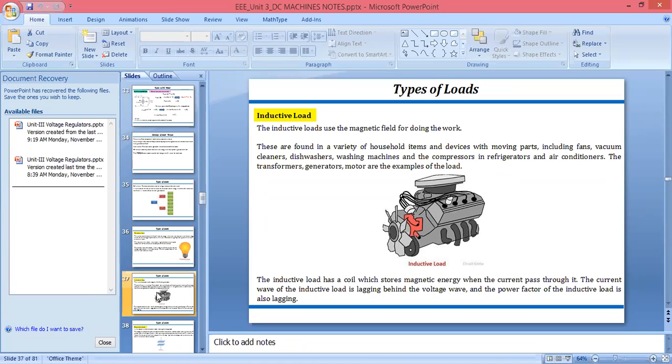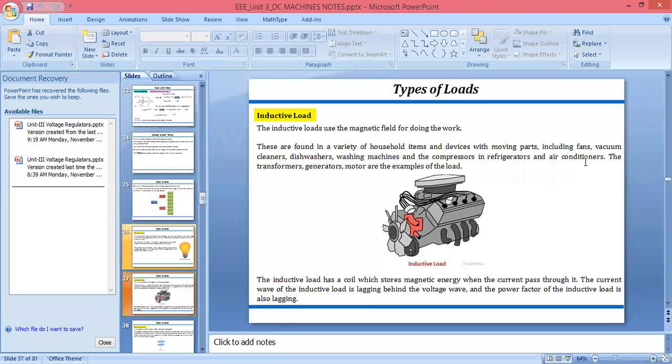So in the inductive load there is a concept of magnetic flux, magnetic field. So we can say the inductive load will use the magnetic field to do what? Because what inductive loads are supposed to do is give us one form of energy. I have given some examples: dishwasher, washing machine, compressor in the refrigerator.